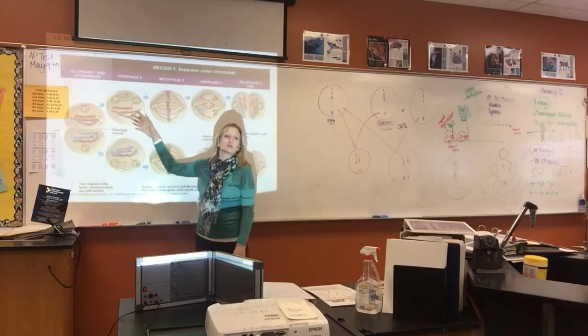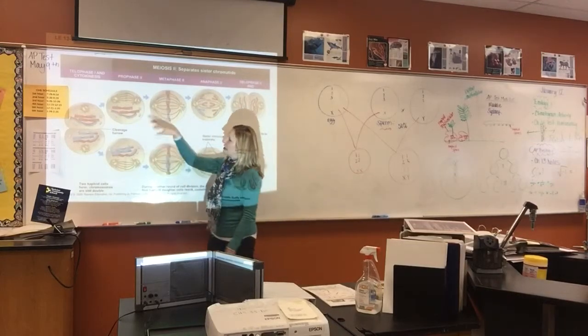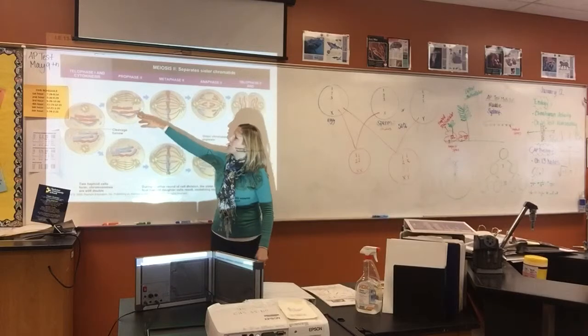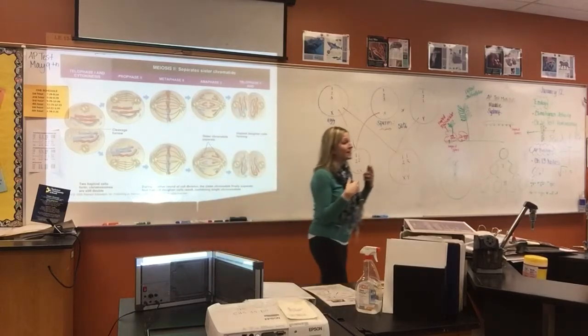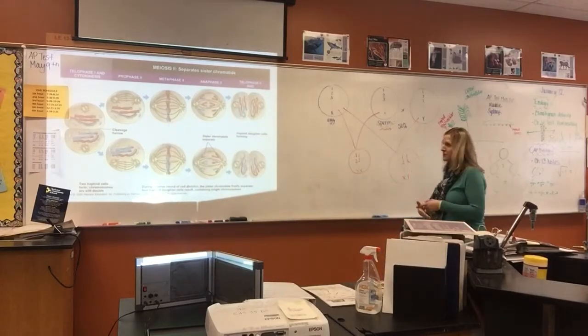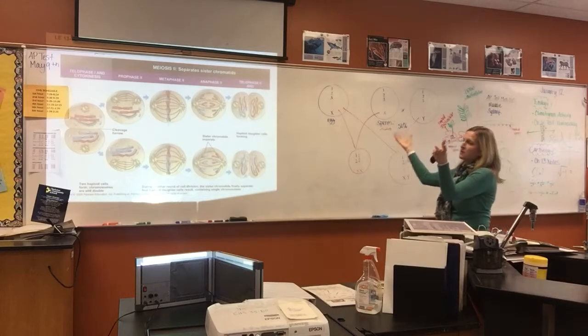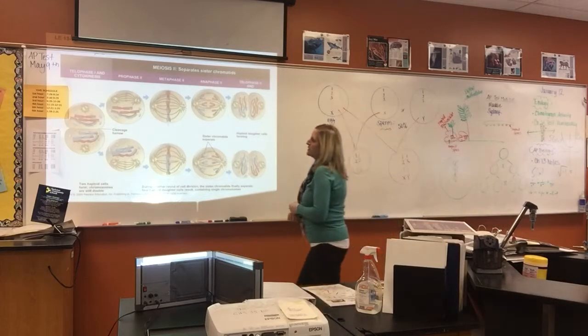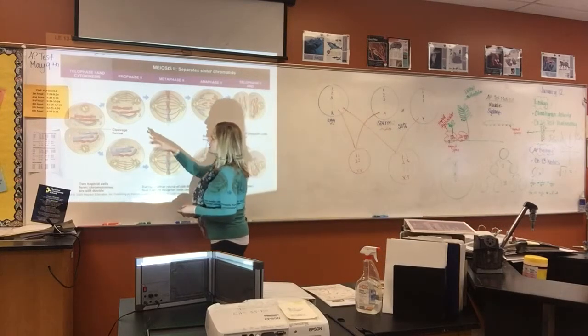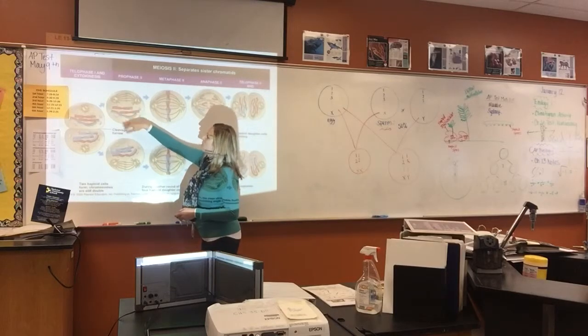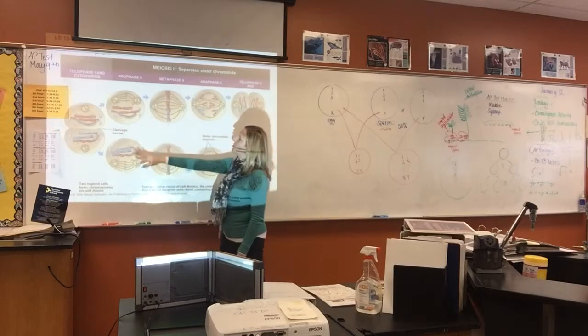So it reforms, only to break down right away. And then what happens in prophase here is what happens in all the other prophases that we've talked about. So the spindle is forming, the nuclear envelope is breaking down. And so there's your prophase.